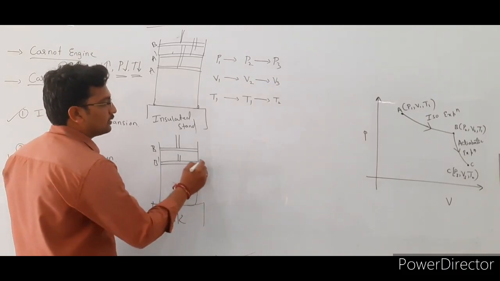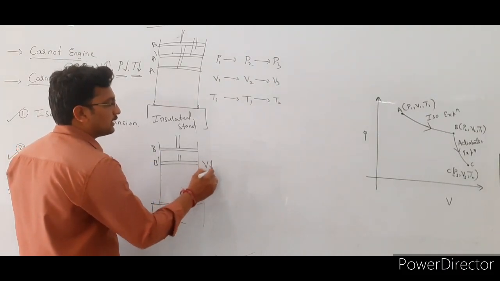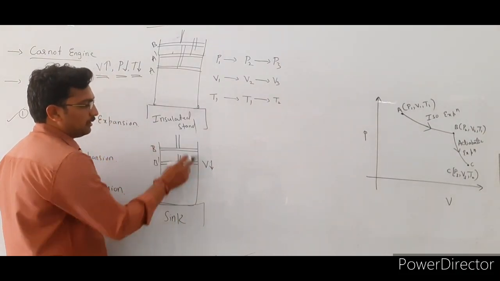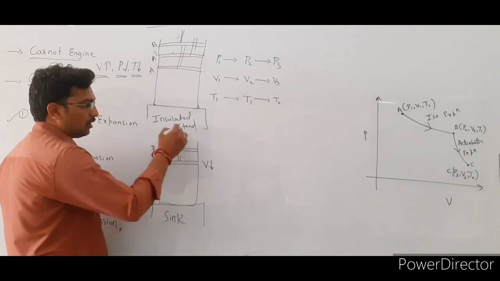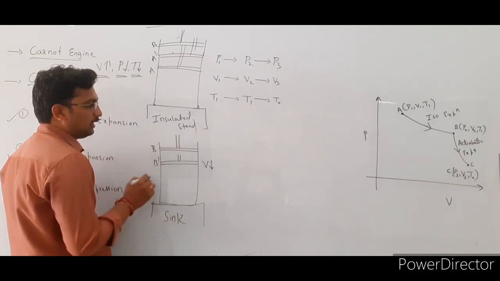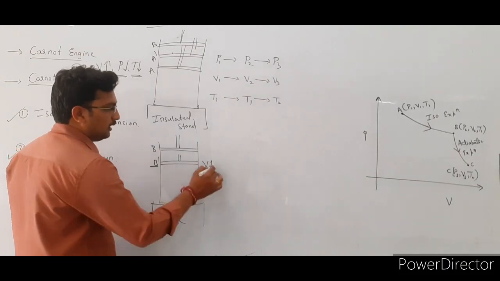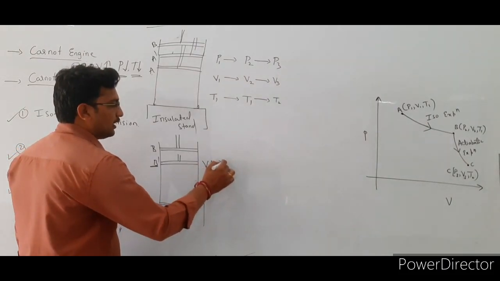So in this case its volume is decreased. The initial volume is this much, right? And after compressing, the piston moves in downward direction to the position B dash, then its volume is decreased. If its volume decreases, pressure increases.